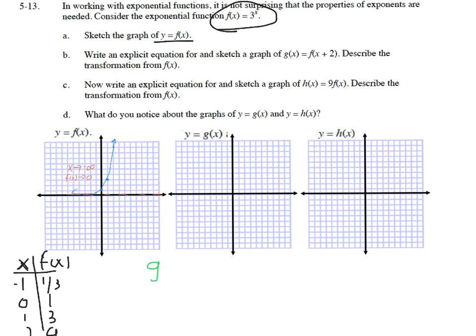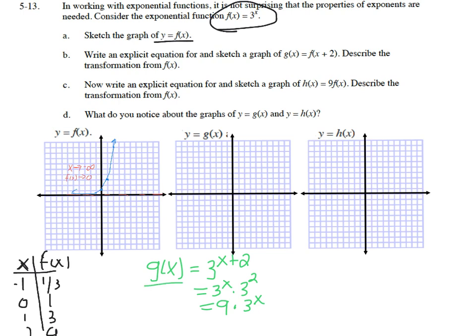G of x is equal to 3, and I have to raise this to the x plus 2. Now when I'm adding exponents, that's really 3 to the x times 3 squared, which is equivalent to 3 squared is 9 times 3 to the x.